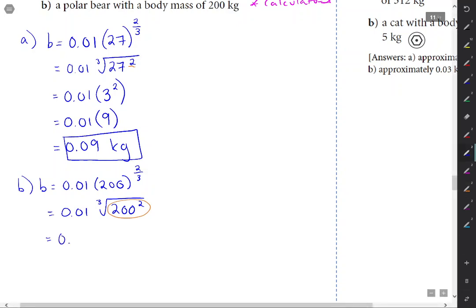So we're going to have 0.01. Now we haven't dealt with that third root yet, so we're going to have the third root of 40,000. And now I don't know what the third root of 40,000 is, so I'm definitely going to use my calculator for that. The third root of 40,000 is 34.1995.